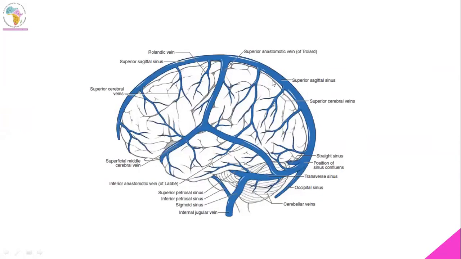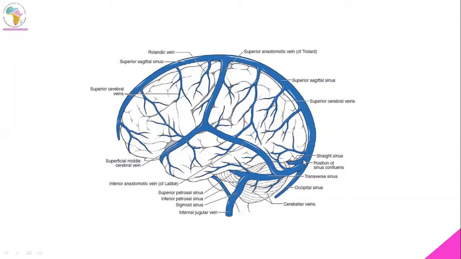This is a lateral view where we can also see the cortical veins that converge into the superior sagittal sinus. If we follow the superior sagittal sinus, it goes back into this area where it is joined by the transverse sinus, which is at the base of the tentorium, and by the occipital sinus to make a confluence of sinuses.